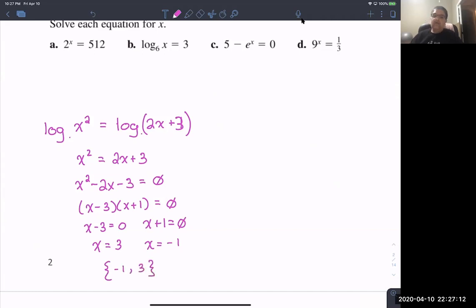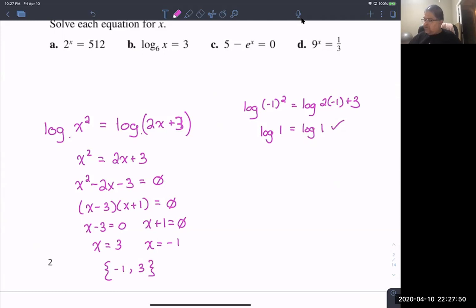Now, since this is a quadratic type equation, the thing that we have to be careful about is we have to check to verify that each equation gives me a true statement, okay? So when we plug in -1, log -1 squared is 1 equals log -2 plus 3 is 1.